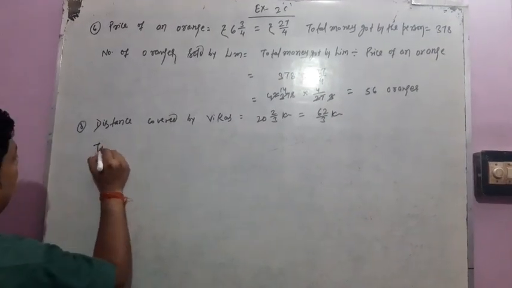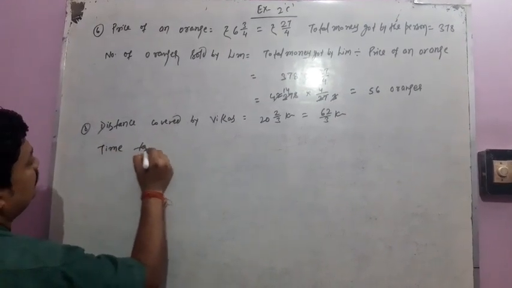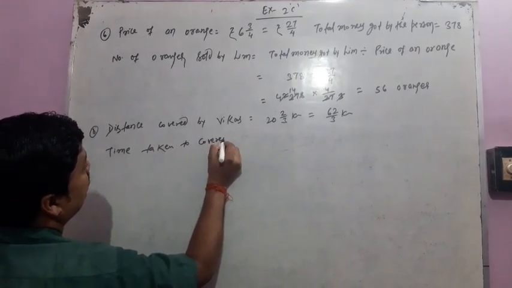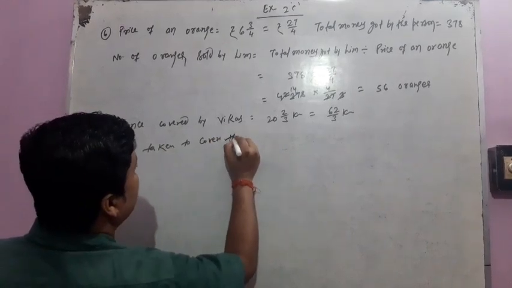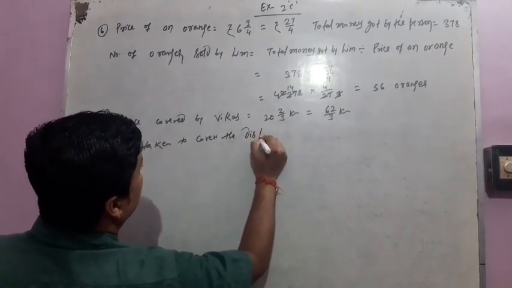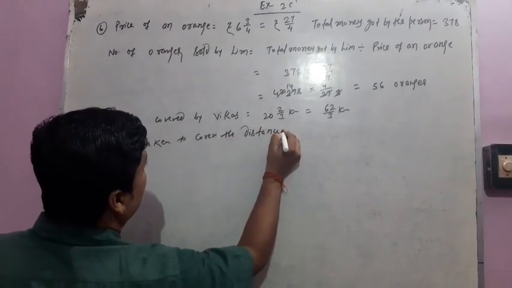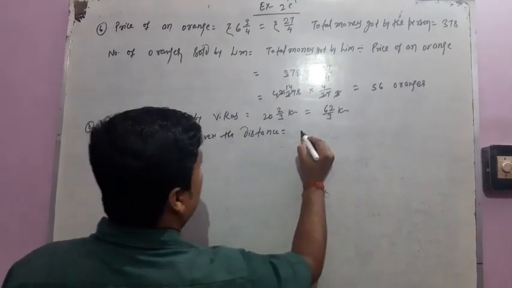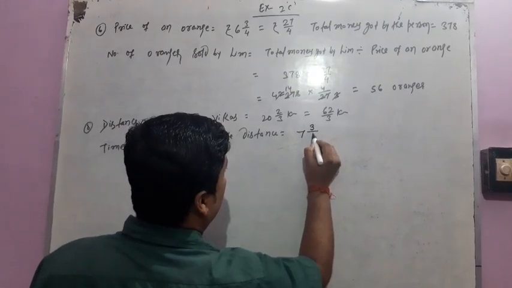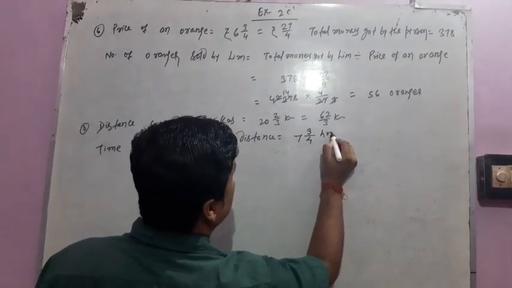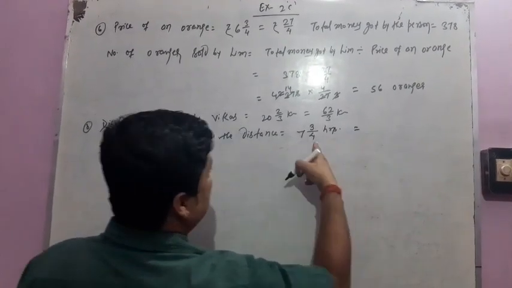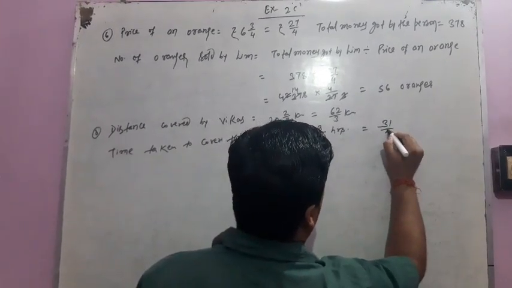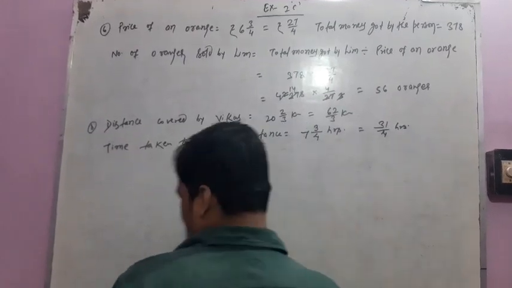And time taken to cover the distance, that is 7 whole 3 by 4 hours. 7 4s are 28 and 3, 31 by 4 hours.